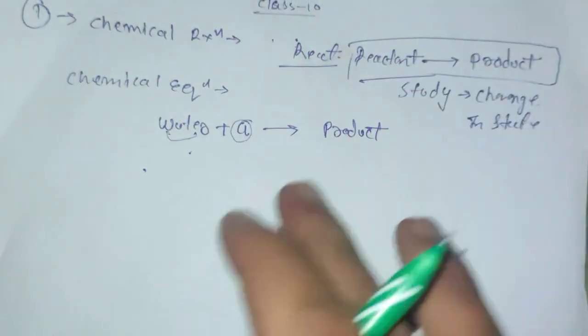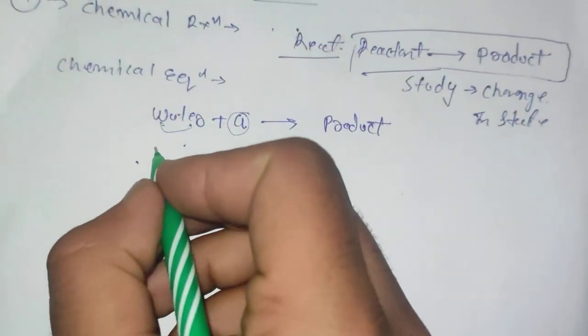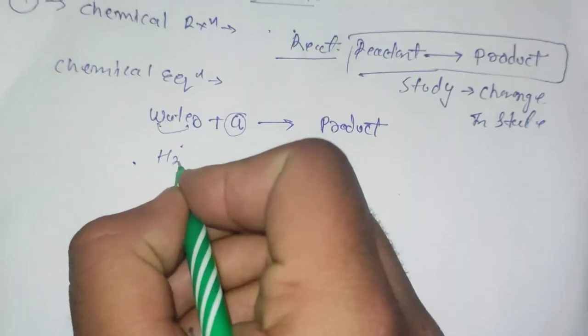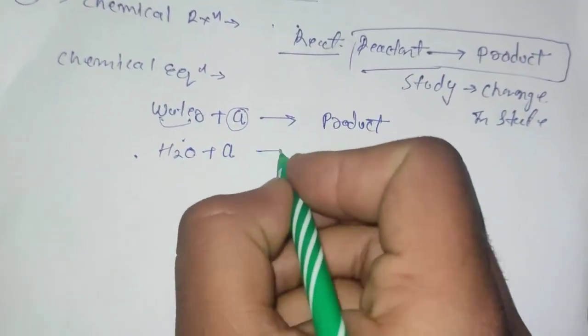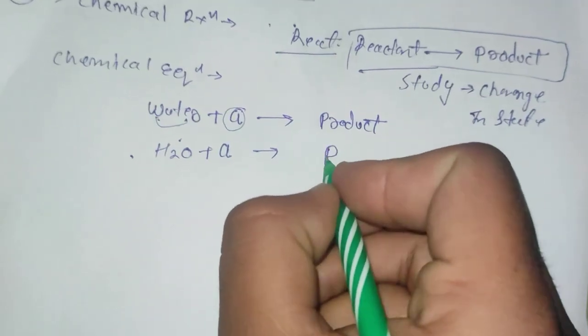That's why we use symbols: H2O for water reacts with A to give, for example, product P.